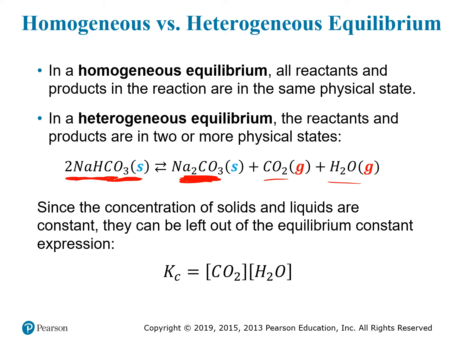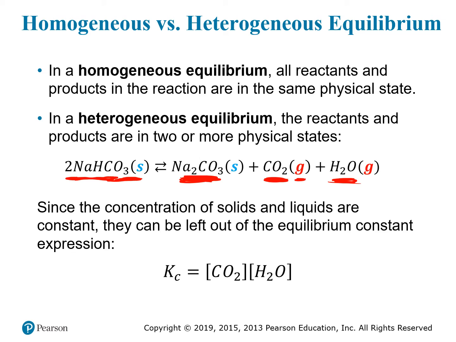But the gases that are given off, CO2 and H2O, are vapors, right? They're totally in a different state. We could trap them and contain them and keep this in a closed container to have it reach equilibrium. But the gas and the solid are in different phases. So this is heterogeneous.